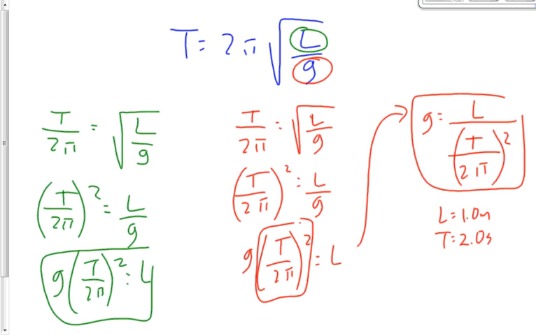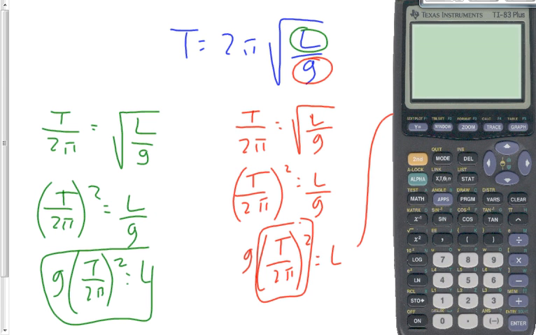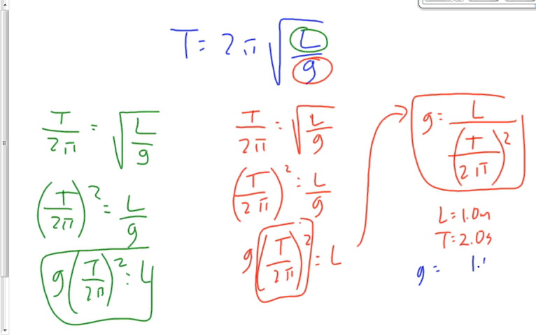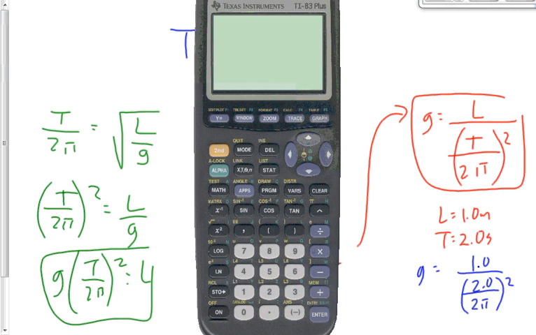Now, follow along, please, on the calculator. Make sure you can do this. I'll actually sub those numbers in and then do it on the calculator. So it becomes G equals 1 over 2 over 2 pi squared. Again, follow along on the calculator, please.